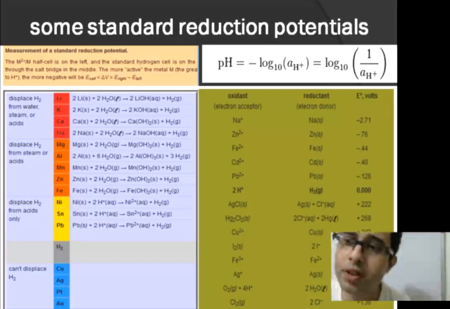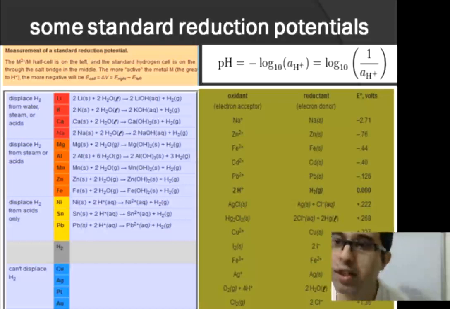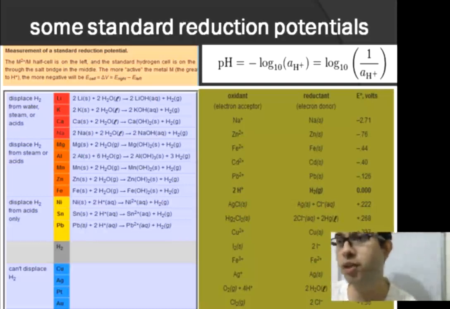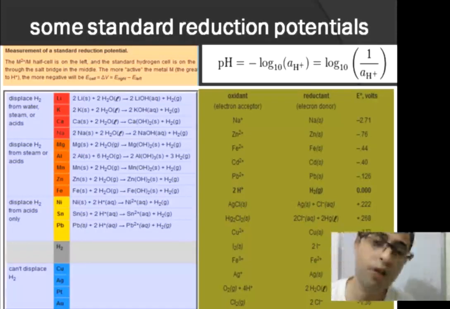So we arbitrarily set hydrogen at standard pressure, temperature and standard conditions. For the hydrogen gas evolution reaction, that is 2H plus plus 2 electrons going to H2 gas, the reduction potential is 0. That is what we mean by H2 reduction potential 0. Based on hydrogen, everything has been standardized.